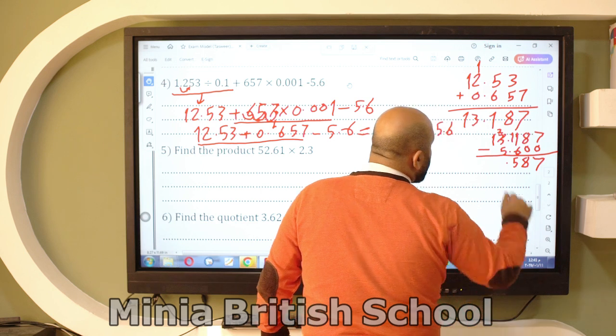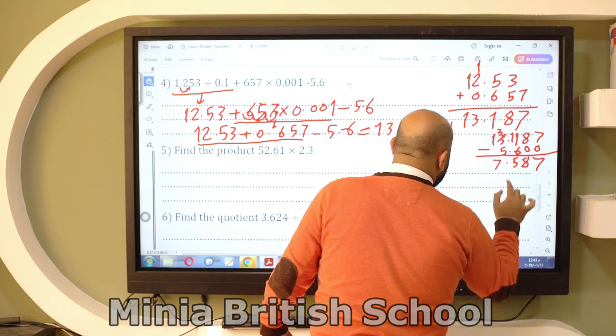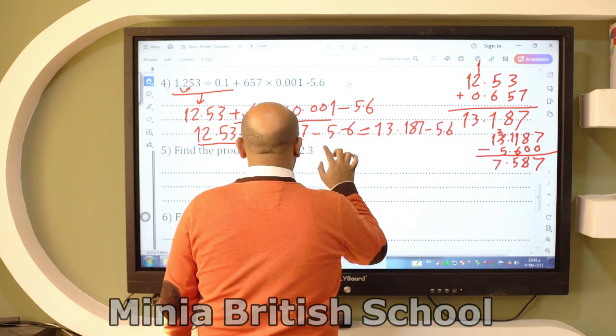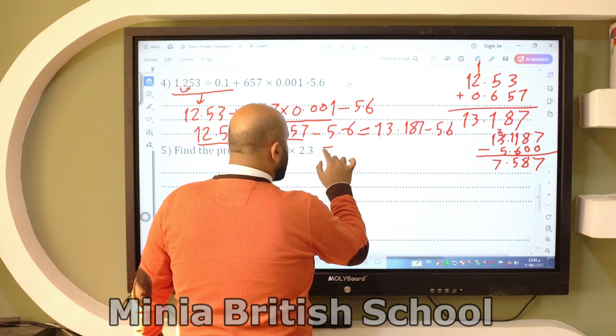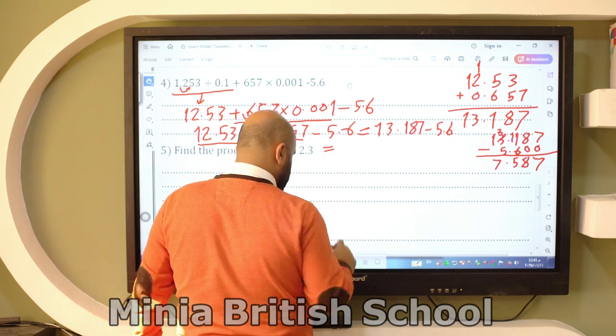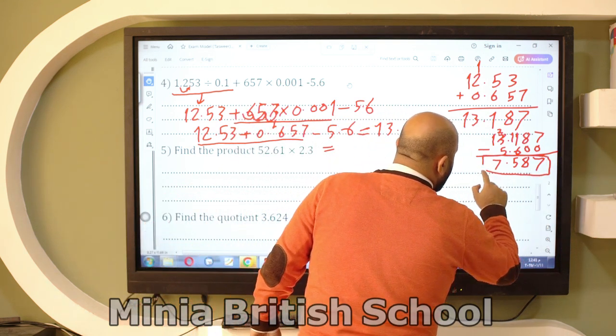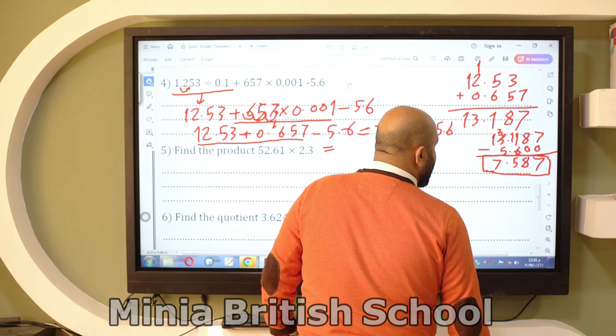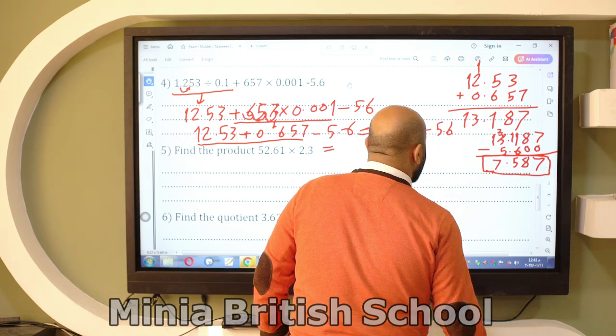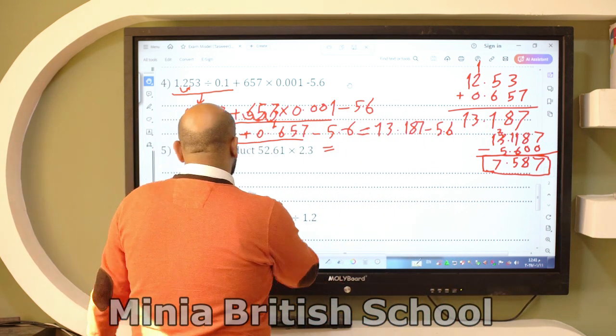Don't forget the point. 12 minus 5 equals 7. So the final result of this operation will be 7 and 587 thousandths.